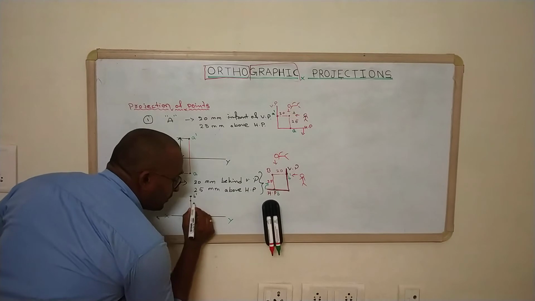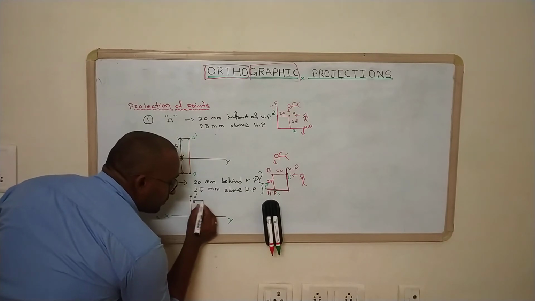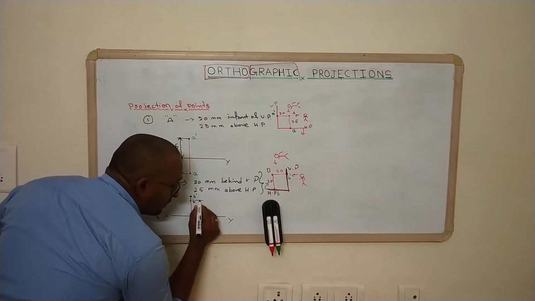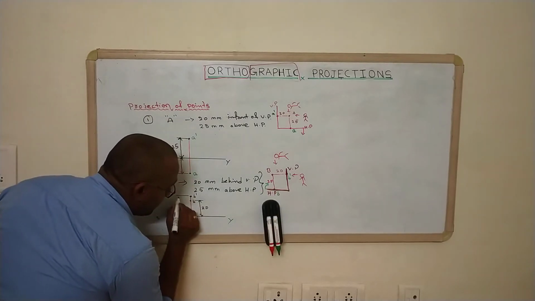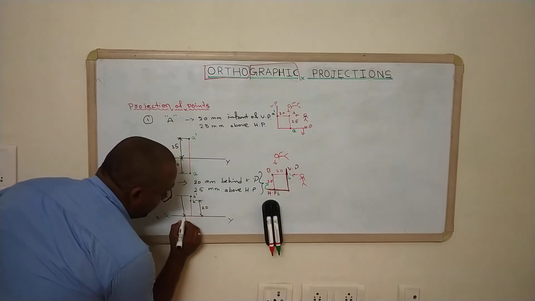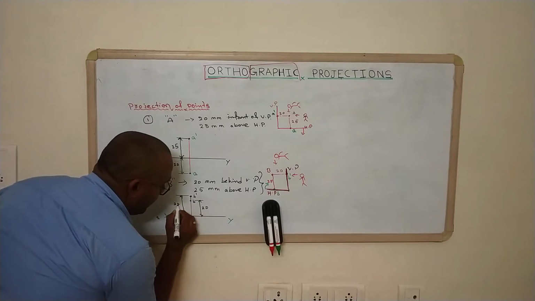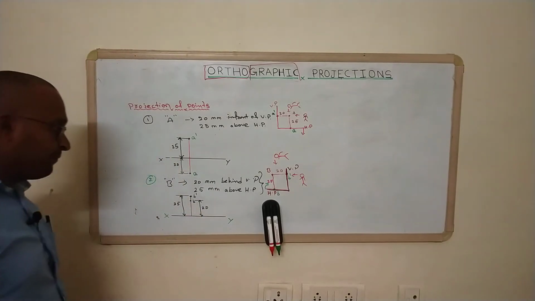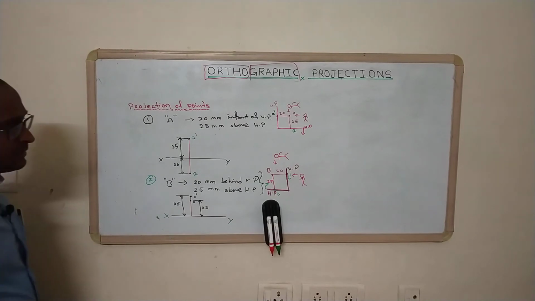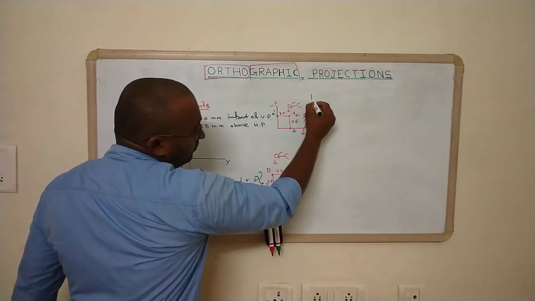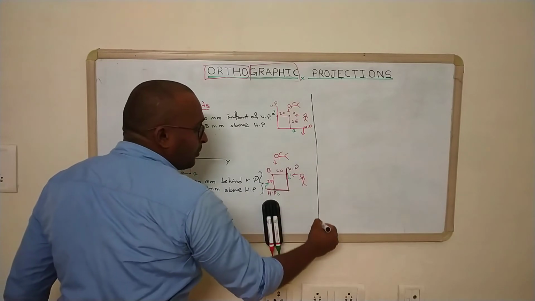So B dash and then B. Here to here the top view dimension is about 20 mm and the front view dimension is about 25 mm. Clear? So this is another projection of that particular point.